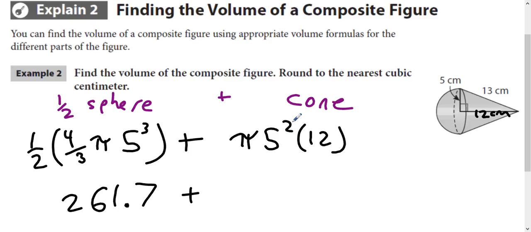Then we do the same thing here for the cone. 5 squared, 25, times 3.14 times 12. And the part that I forgot to write down is the 1/3 because it's a cone.